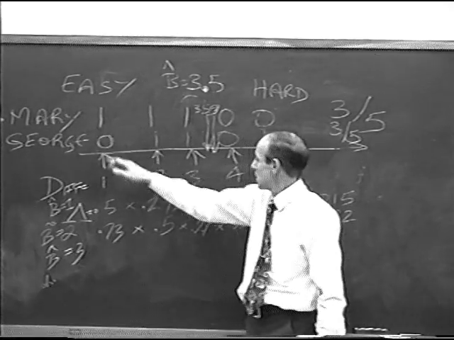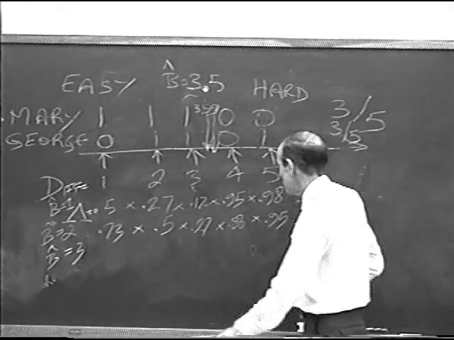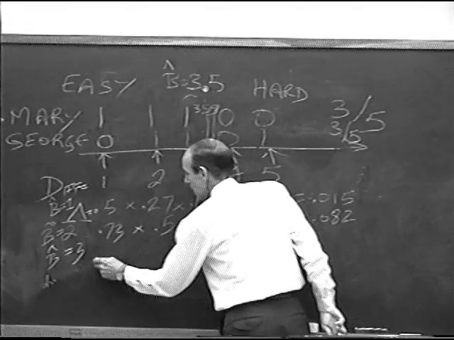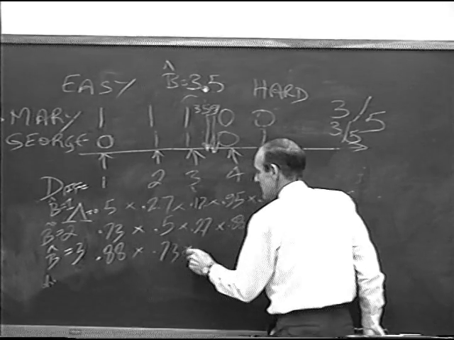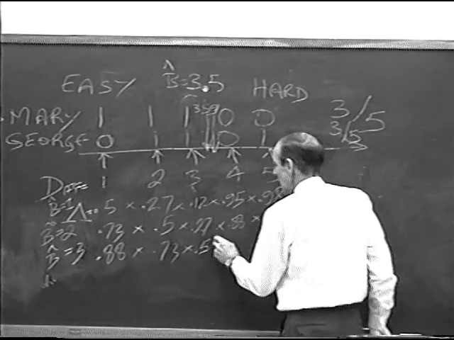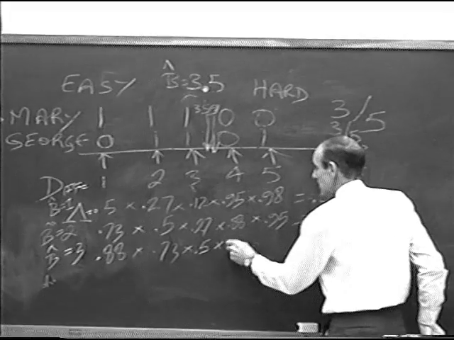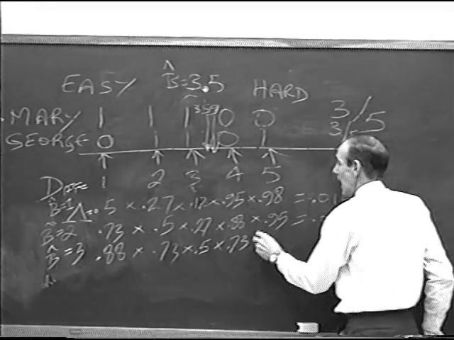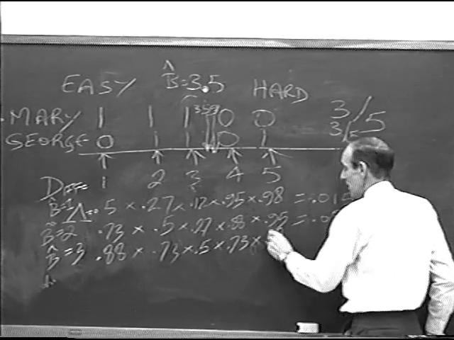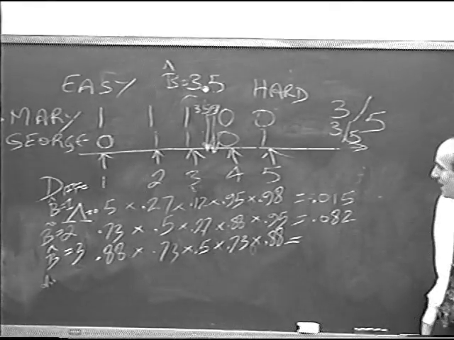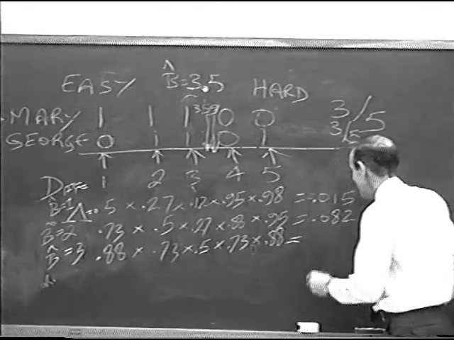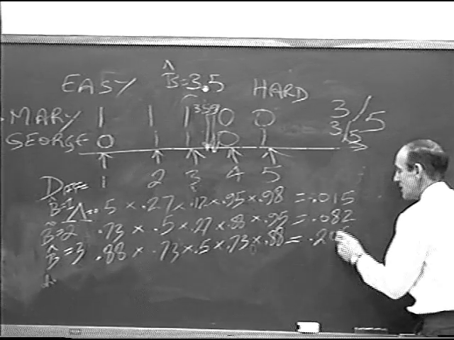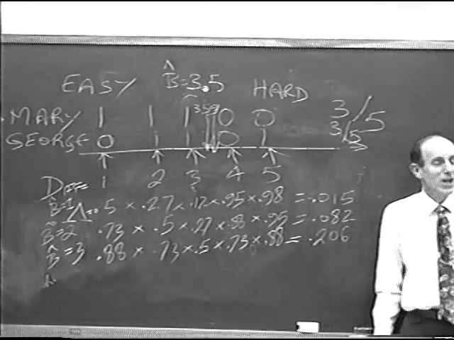The probability of success on an item 2 logits below her must be 0.88, then times 0.73, then times 0.5, then she's got a 0.73 chance of failing on that one, and a 0.88 chance of failing on that one. We're beginning to see the same patterns. 0.206. Oh, things are getting pretty hot here.